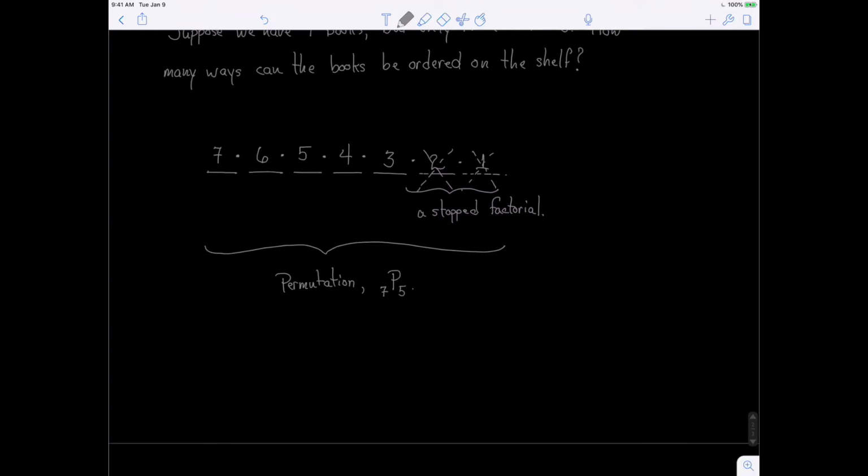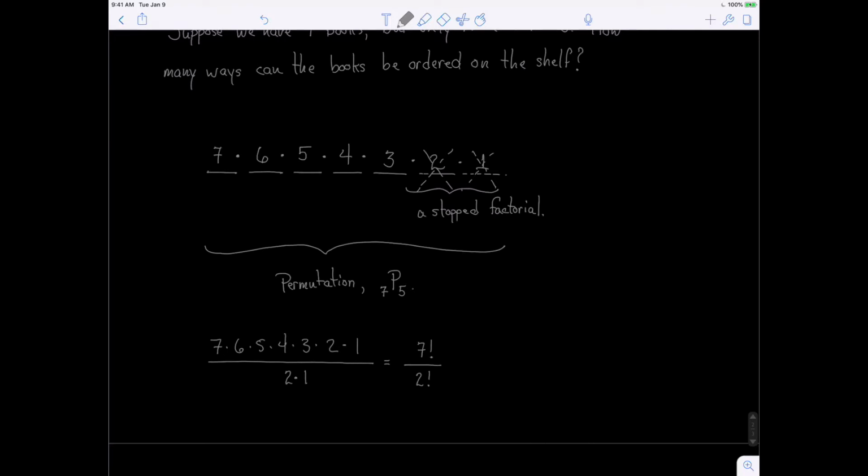If you think about what happened here, we have this problem of 7 times 6 times 5 times 4 times 3 times 2 times 1. Well, that would be 7 factorial, but we know that's not the right answer. We don't want that 2 or the 1, so we need to divide by the 2 times the 1. In the numerator I have 7 factorial, and in the denominator I have 2 factorial.